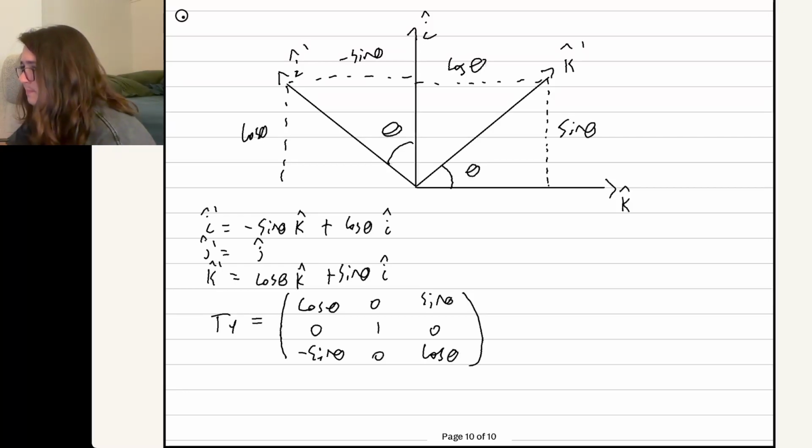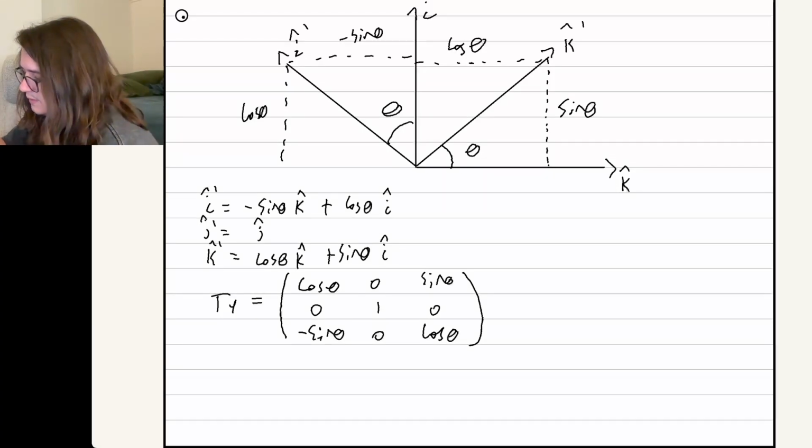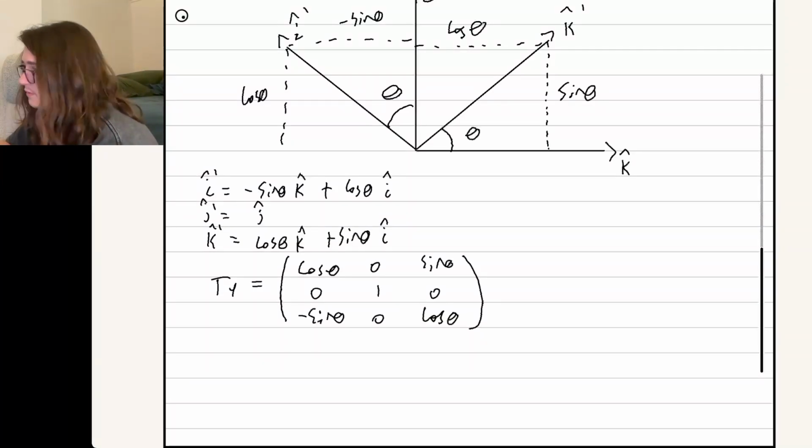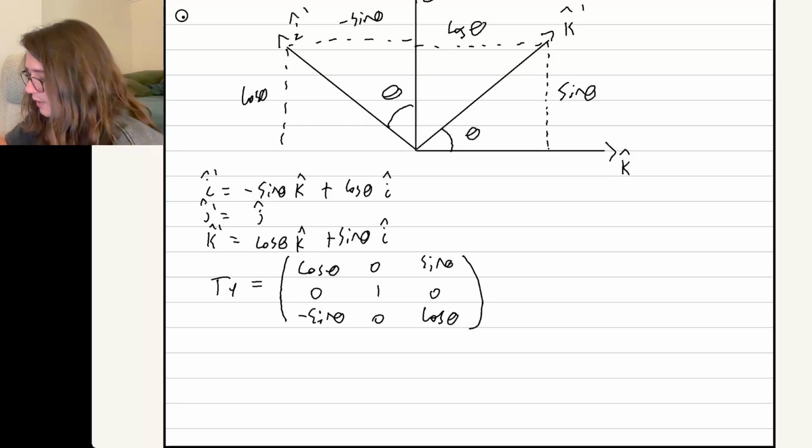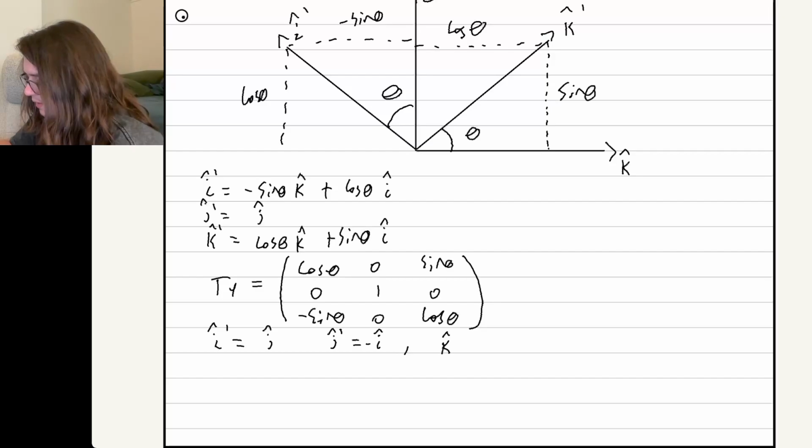Okay. The next transformation that Griffiths wants us to look at is one where you just flip i hat with j hat. So you're saying i hat prime equals j hat, j hat prime becomes minus i hat, and you have k hat prime equals k hat.